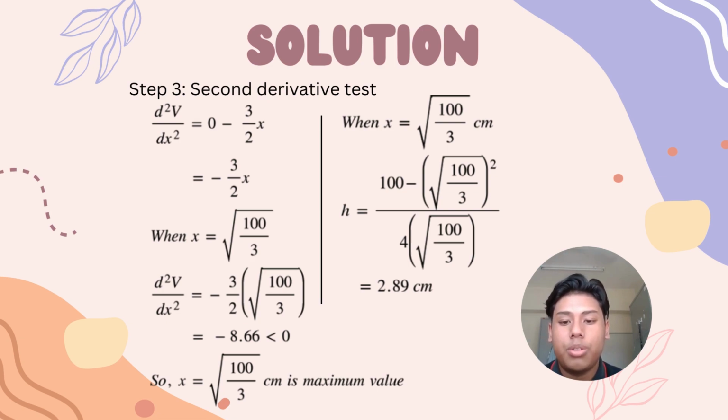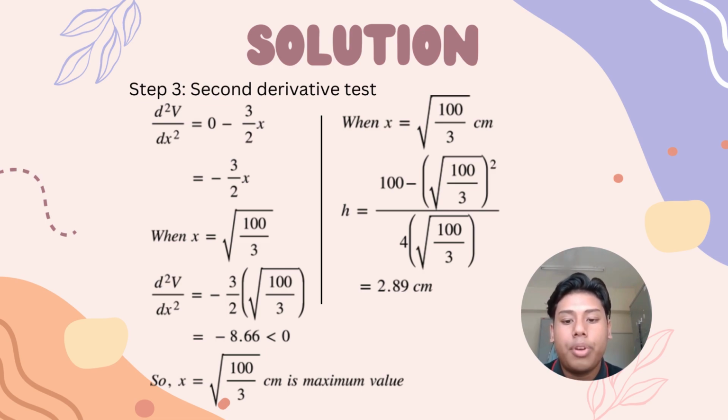And now we go to step 3, second derivative test. In this step, we need to differentiate the first derivative a second time. So the answer we will get is negative 3x over 2. And we know that the value of x is equal to square root of 100 over 3.